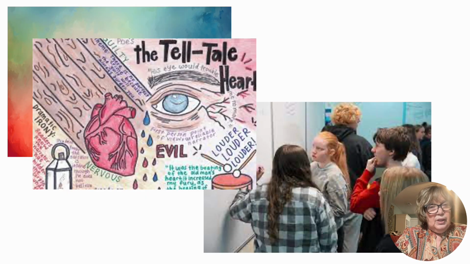And they will have come up with a beautiful Telltale Heart poster to hang on the wall. These in the beginning will go on the wall in our classroom, but within 10 days of school starting, they're going to start lining the hallways and hanging up high for all other students to look at and for their parents to see.